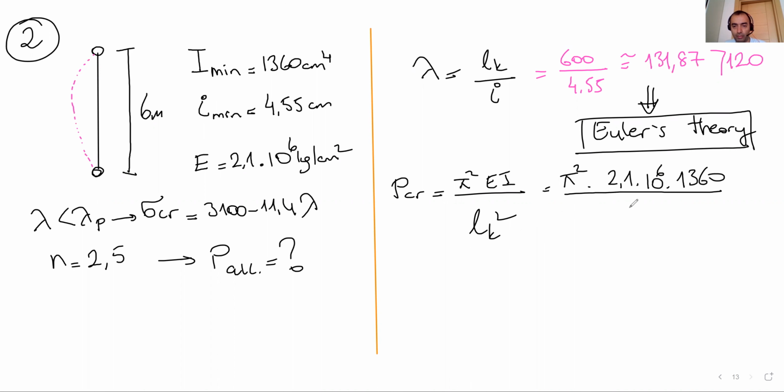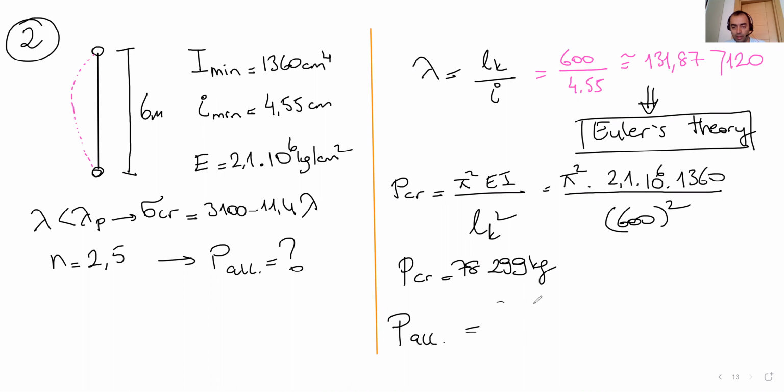LK is the length of the member, 600 centimeters square. So P critical over here. So P allowable here is around, in kilogram, not ton. Kilogram. That's it.